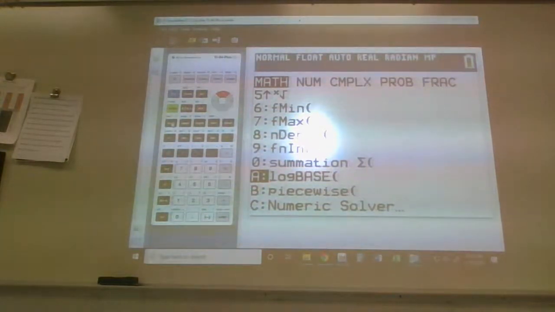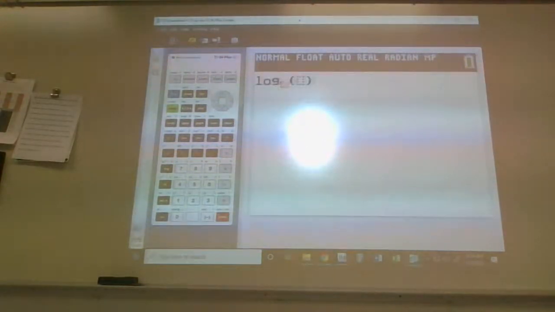Your calculators on your Chromebooks have it. Some of the more advanced TI-84 calculators have it. The 83s do not. But if you hit log base, it allows you to type in the numbers where you need them to be. Log base 2 of 68.